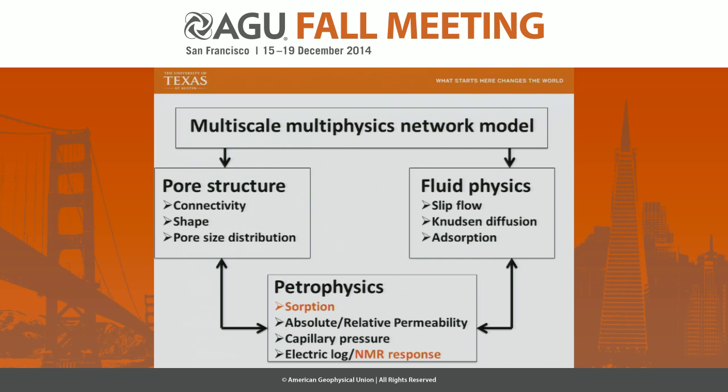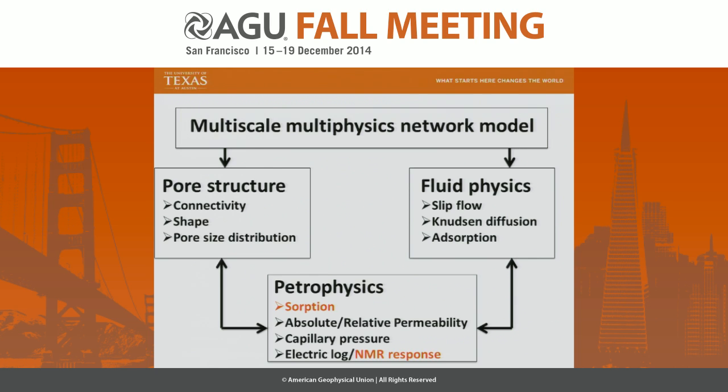This is a little cartoon of our workflow. We have these network models that are multi-scale, multi-physics. They attempt to honor the pore structure and fluid physics of each respective scale. And after having done that, we're going to simulate the macroscopic phenomena we're interested in, either single-phase or two-phase. Now, we can also use some of this macroscopic phenomena to tune our network models, to inform our models.